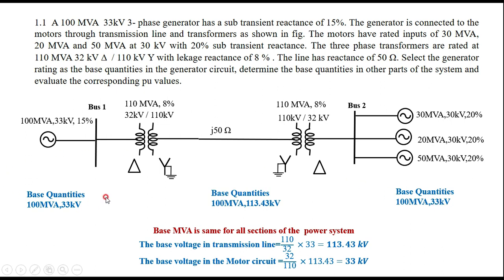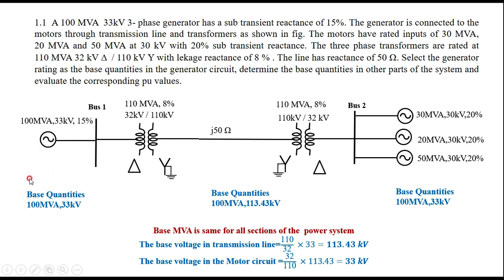This is how you have to do it. The first step is to mention all the specifications of the components in the power system, and choose the proper voltage rating of the transformer on the generator side, the transmission line side and the motor side. Next, you have to specify the given quantity as the base in that particular circuit, that is the generator rating as the base quantity in the generator circuit.